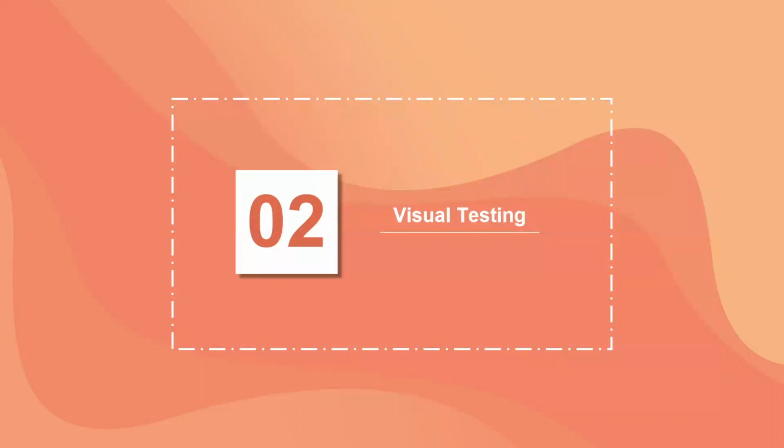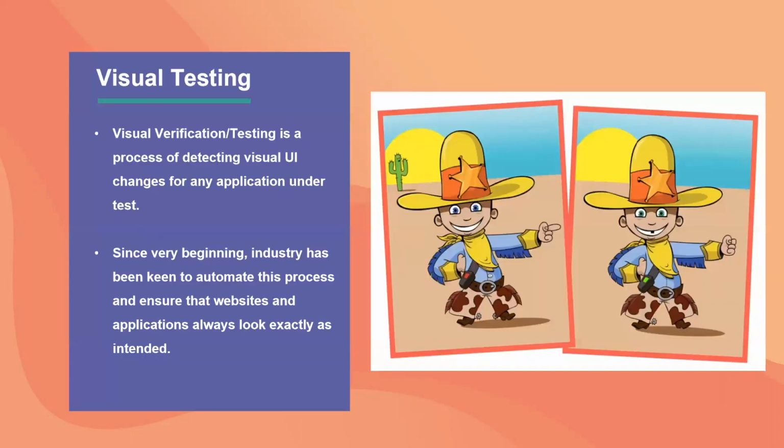So let's talk about visual testing. Visual testing is a UI process of detecting visual UI changes for any application under test, right? The very relatable childhood game is Spot the Difference, right? I believe most of you have played this game, and this is exactly what we are doing in visual testing.